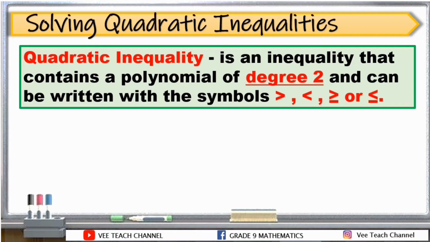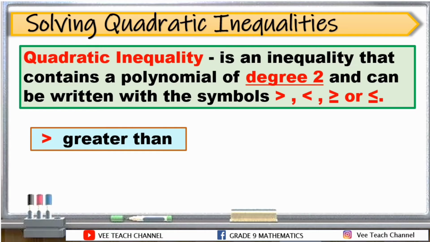And we have the word quadratic. That is why this inequality contains a polynomial of degree 2. Ibig sabihin, yung highest exponent ng variable natin dito sa quadratic inequality is 2. And then, imbes na equal sign, ang ginagamit natin dito ay inequality.